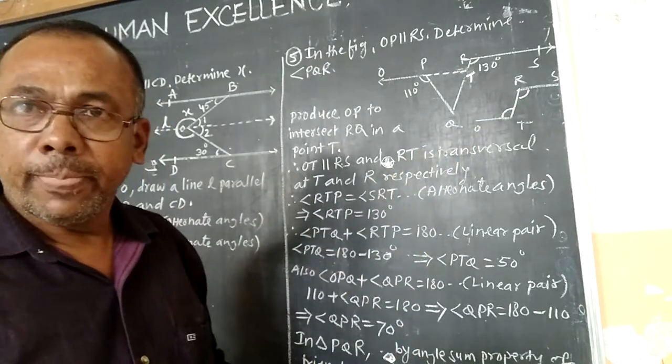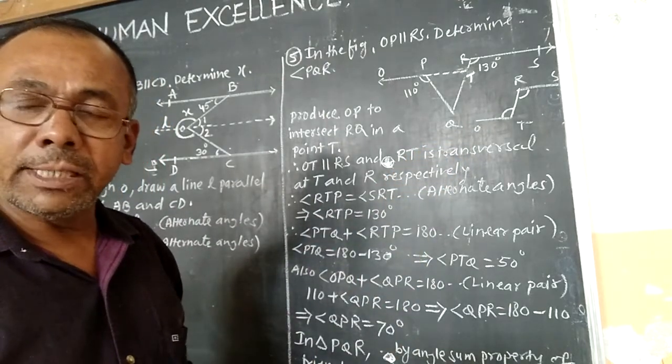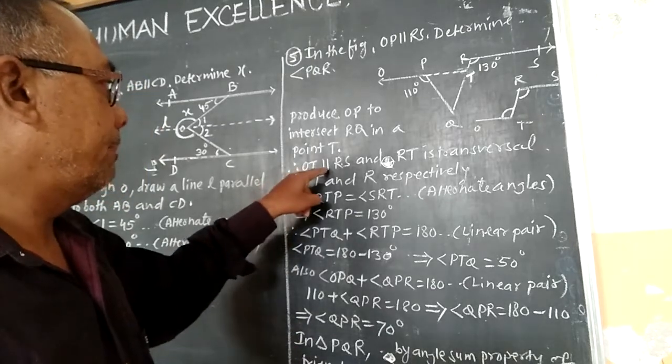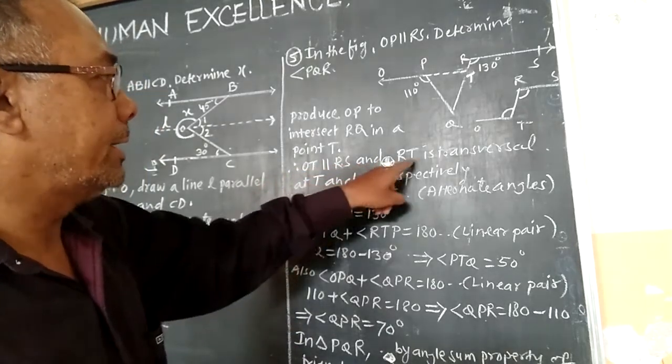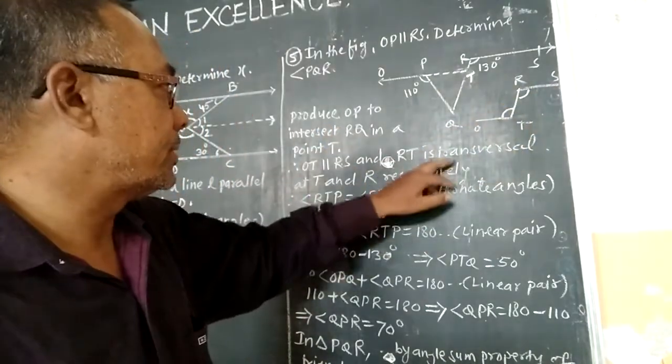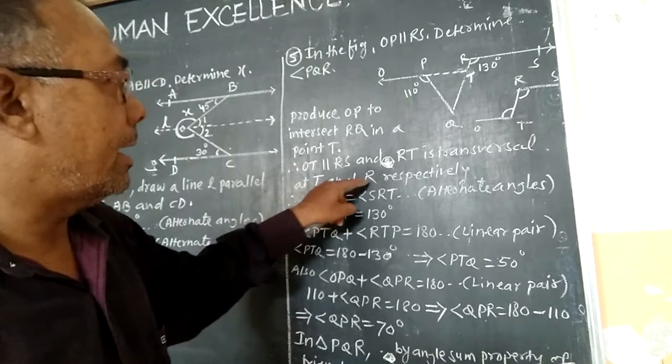Means here OT is parallel to RES and RT is a transversal at T and R respectively.